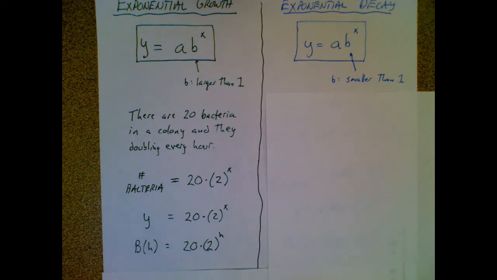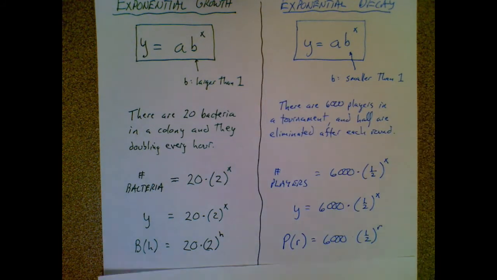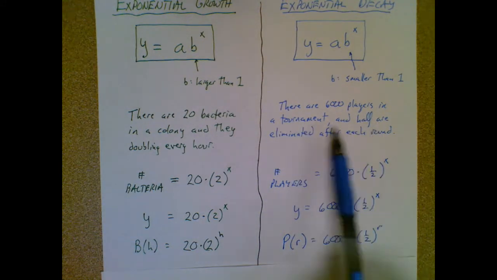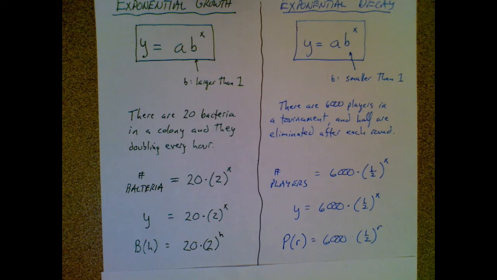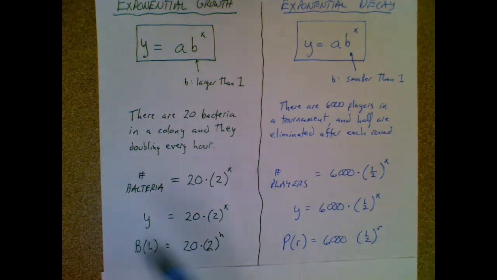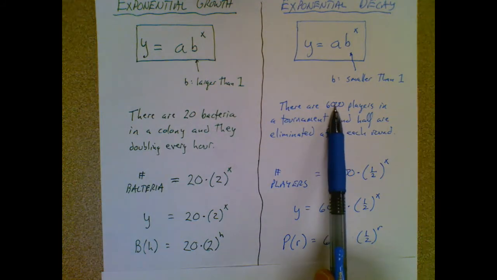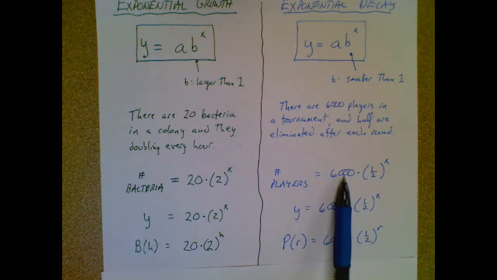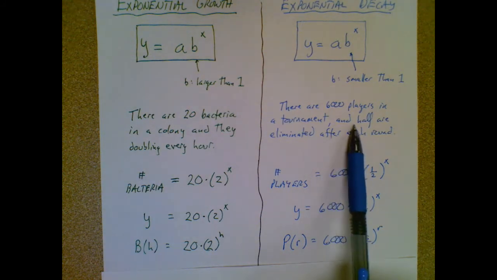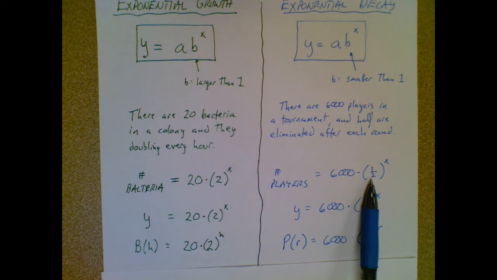I'm going to give you an example of exponential decay over here. 6,000 players in a tournament, maybe an online video game tournament, and half are eliminated after each round. So when you read that situation, you say, okay, we must be in a declining or a decay situation. 6,000 is my a, my starting amount, and my rate at which I'm having growth or decay is half are eliminated, so I'm multiplying by 1/2 each round.